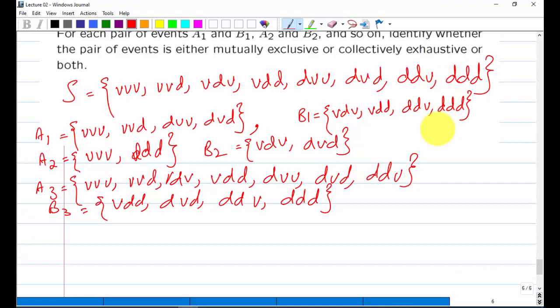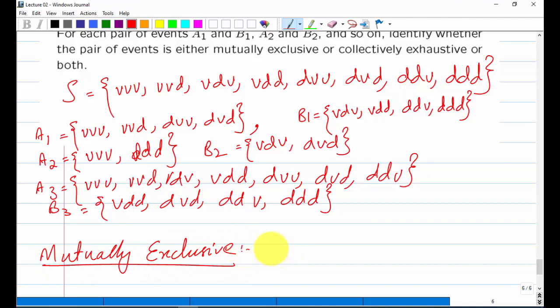So to check whether they are mutually exclusive, what we need to see is that A1 intersection B1. We will see if it is a null set, then we will say that they are mutually exclusive. So we can see here from here there is nothing common here, so it means that it is null set, so it means they are mutually exclusive. Yes.